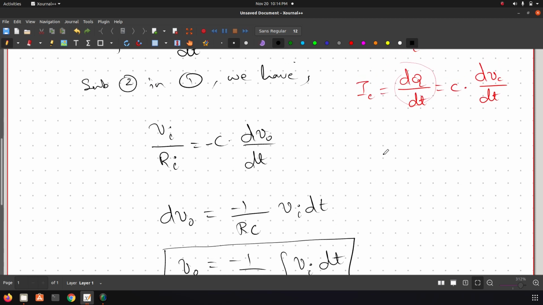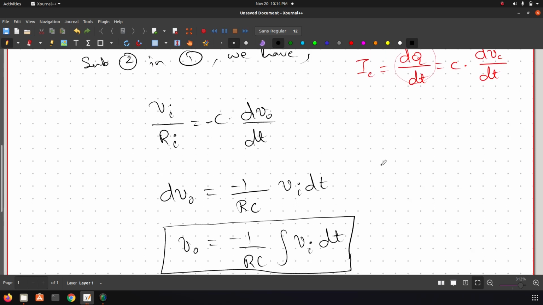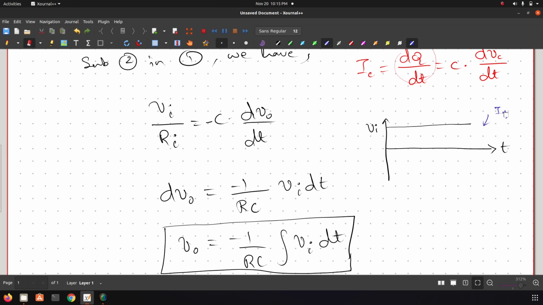So if we look at this in the graph, this is our input, a time varying signal. If we input a constant voltage, this is time versus voltage V in, so this is the input signal.